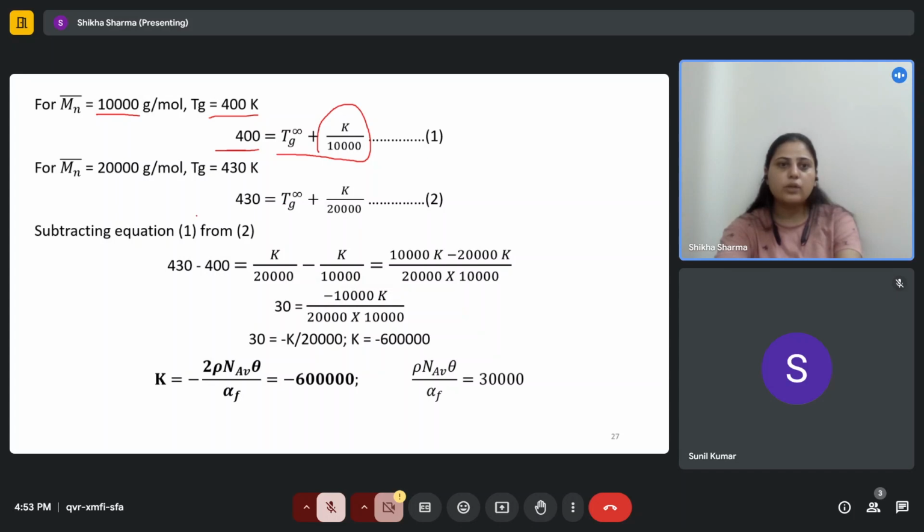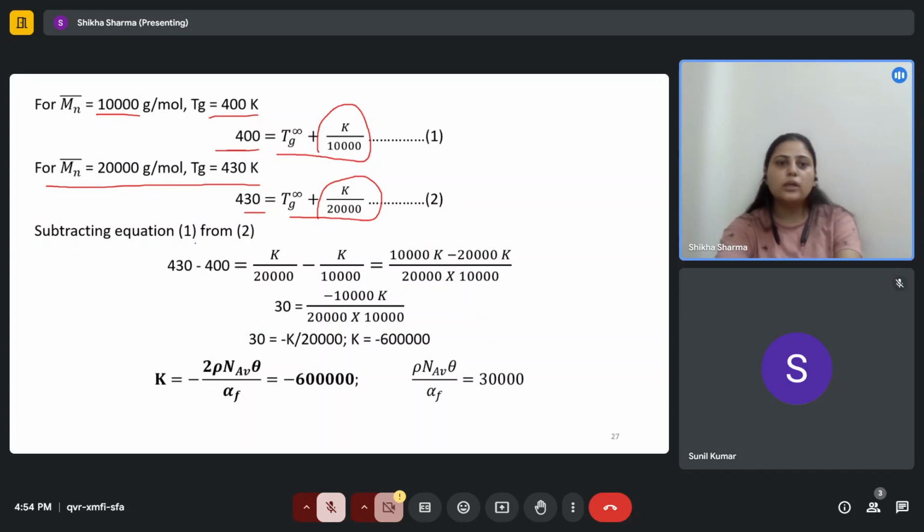This is equation 1. Then for the linear polymer, equation 2 is Tg 430 is equal to Tg infinity plus K by the number average molecular weight, which is 20,000. Now we can subtract equation 1 from equation 2.